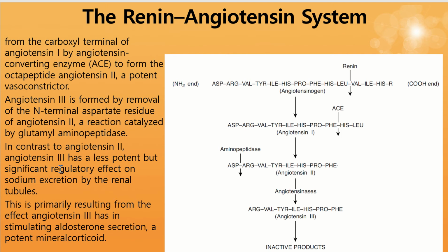So in contrast to angiotensin 2, angiotensin 3 has a less potent but significant regulatory effect on sodium excretion by the renal tubules. So in our history, we mainly spoke about angiotensin 1 and 2.